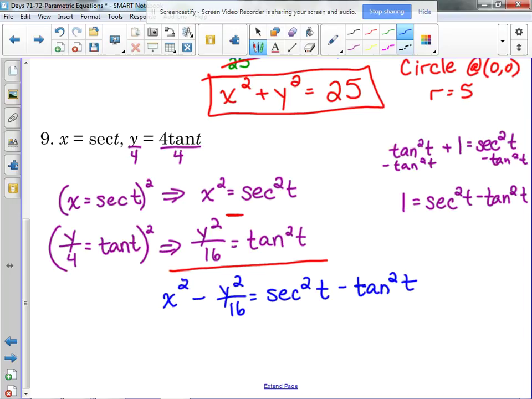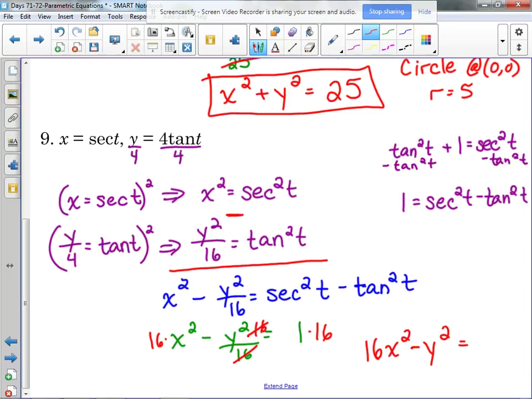Secant squared minus tangent squared is 1. And we don't want that denominator of 16, so we multiply each term by 16. Well, actually, sorry, we don't want to do that because it's equal to 1.